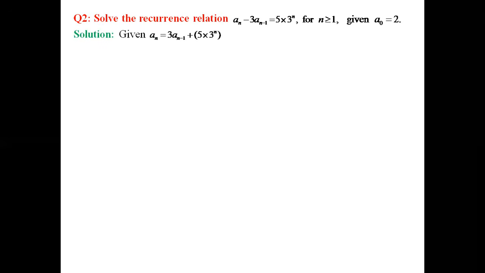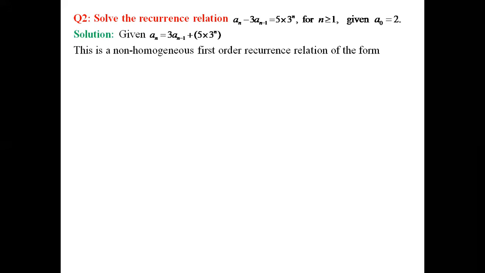Whatever the given expression was there, we are just rewriting it by transferring minus 3 a_(n-1) to the right hand side. So we obtain a_n is equal to 3 into a_(n-1) plus 5 into 3 power n. We observe this is a non-homogeneous first order recurrence relation, which is of the form a_n is equal to c into a_(n-1) plus f of n.